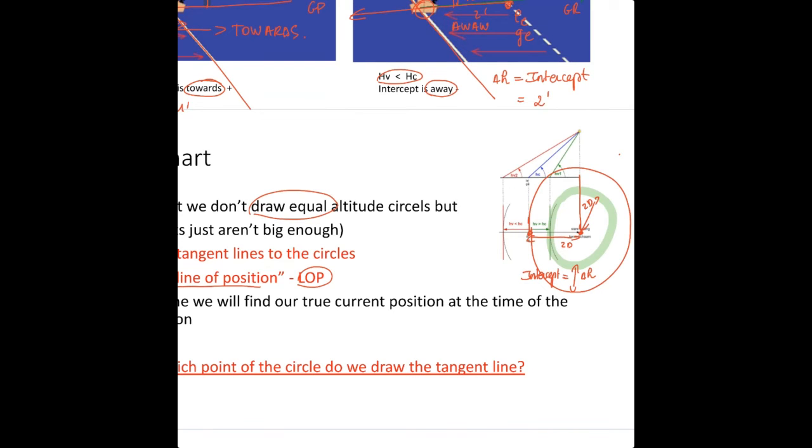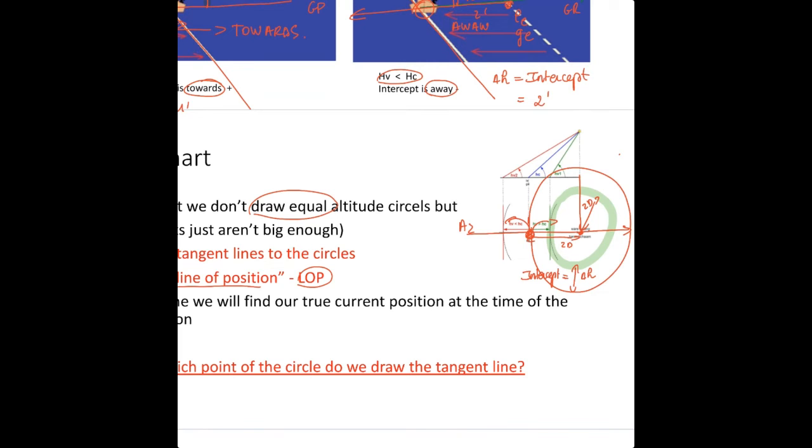Okay, so starting from our estimation, we draw our azimuth. Okay, in this case it will be in this direction, and then we determine whether we have to mark the intercept towards or away from the celestial body.